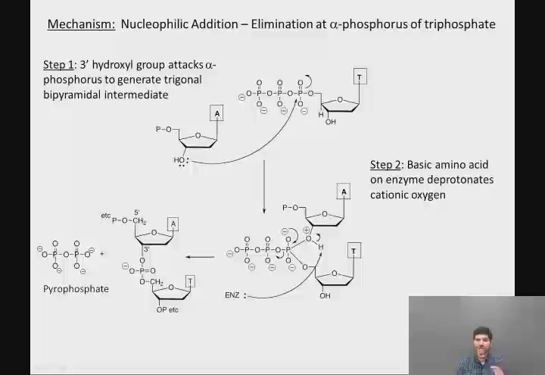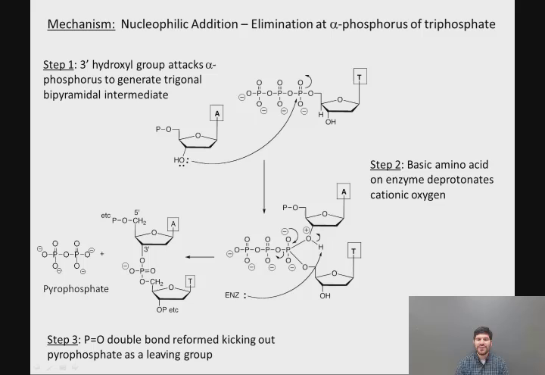Okay, so after the 3' OH came in and attacked, it's a neutral nucleophile. So when a neutral nucleophile attacks something, it has not yet lost its hydrogen. So that hydrogen has to be taken off by something because the final phosphodiester bond doesn't have it there, and what takes it off is a negatively charged amino acid residue.